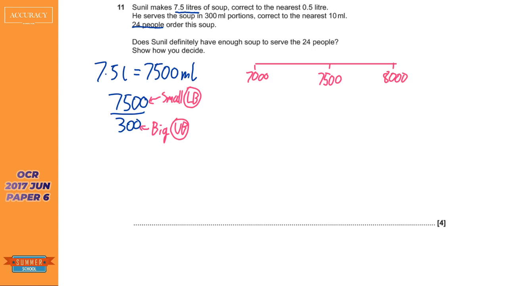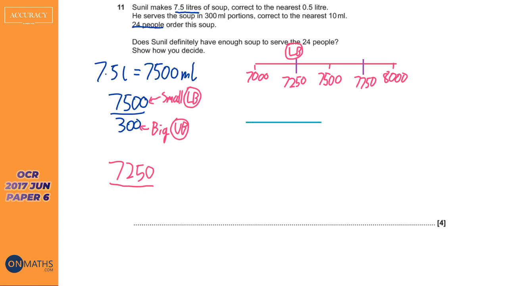So let's cut this in half on both sides. In fact, we don't need to do it on both sides, but I'm going to do it on both sides. So it'll be 7,250 and 7,750. And so we're looking for the lower bound, so that's this one here. So the worst case scenario is that the actual amount is much less than we thought. It's 7,250.